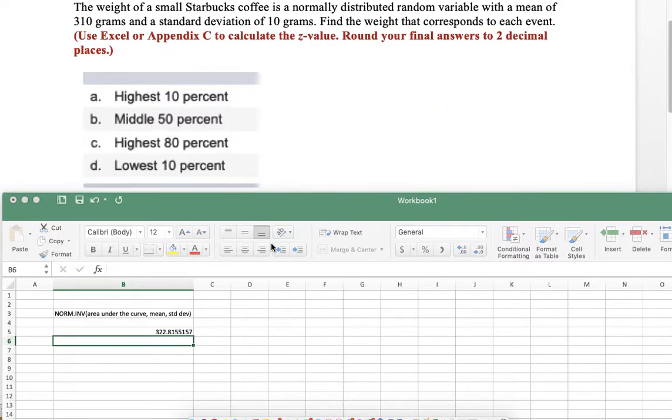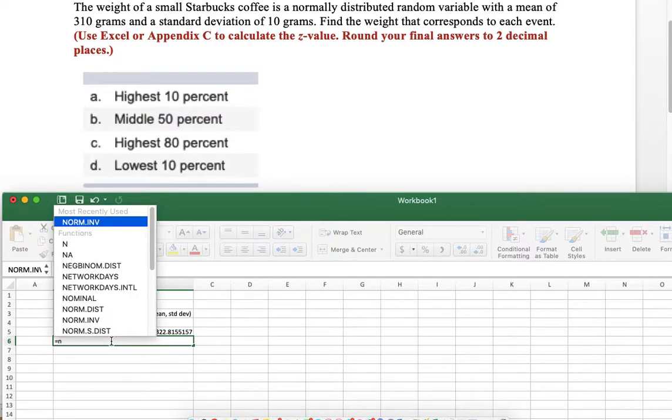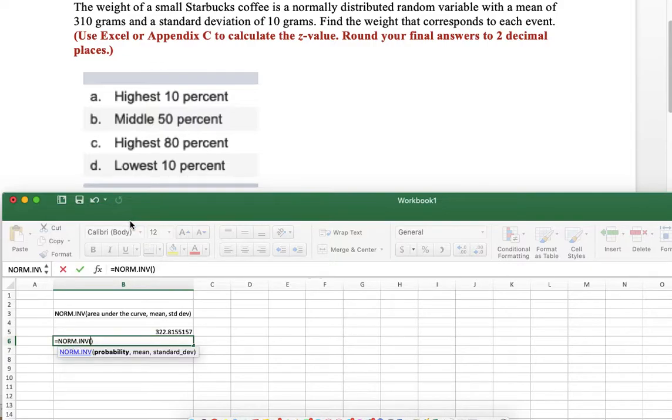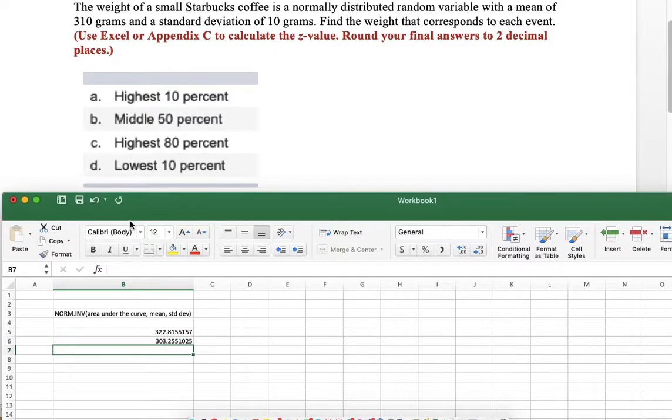So we type equals NORM.INV, and then 0.25, comma 310, comma 10. Now that would be 303.26 that we would put in for the answer.